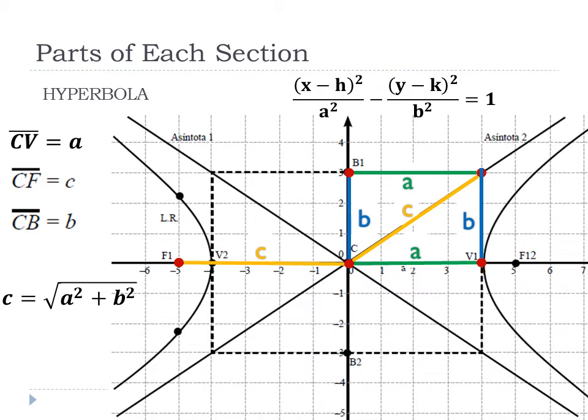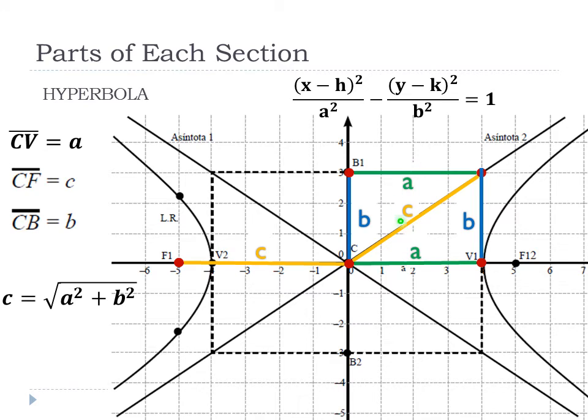Now, how do I find C? Well, C is quite simple. This is a normal Pythagoras triangle. So C comes out from a very well-known equation, which is C equals the square root of a squared plus b squared. Okay, so now I have a, b, and c.